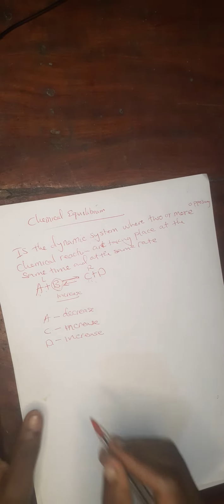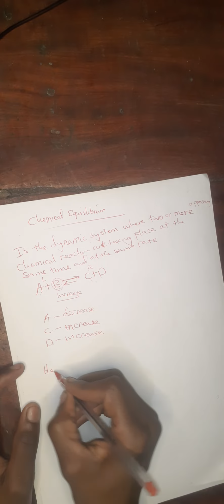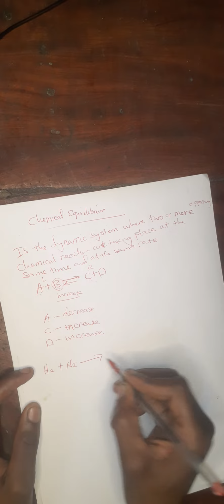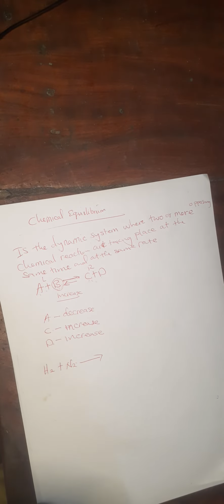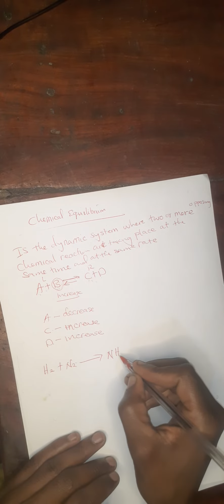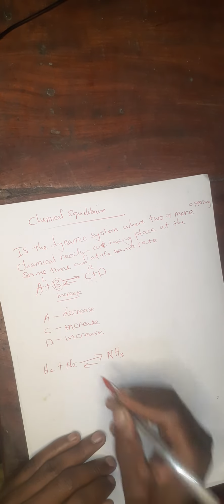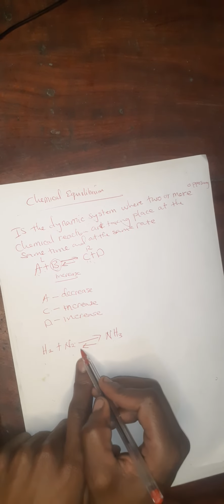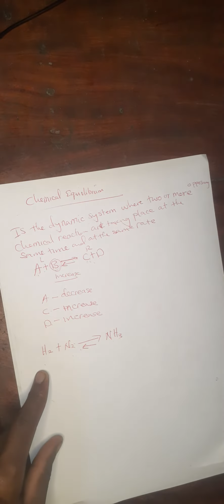Now we give an example of hydrogen gas plus nitrogen gas to produce ammonia, NH3. So this is also a forward reaction. Like we used A and B, these are the reactants and these are the products. This can also occur as the reverse reaction, to form these ones as the products.